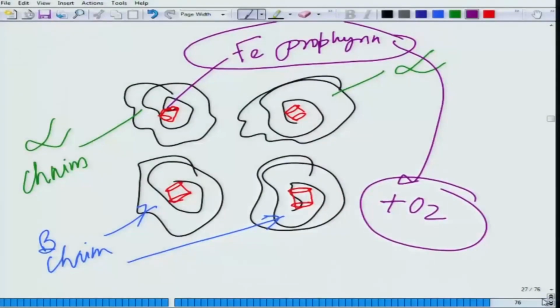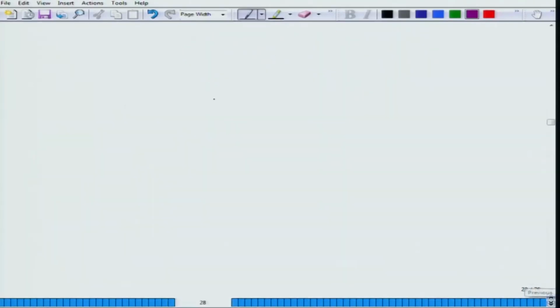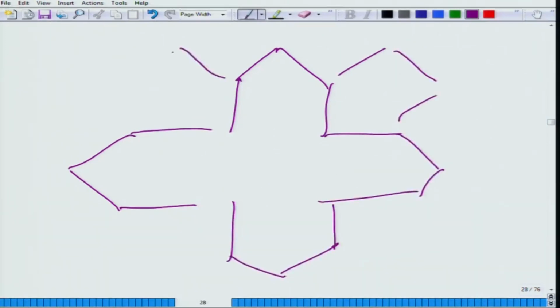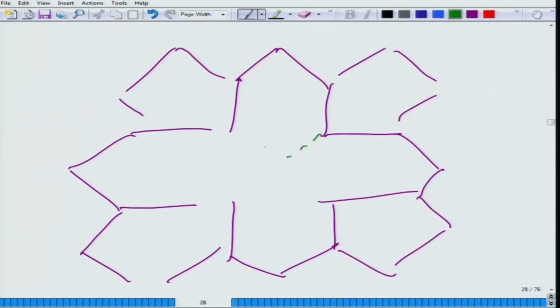I will not give you the full structure, just look into it. You will come across a structure like this, and I want you to go online and check how all the bonding is taking place. You will have the iron sitting here.